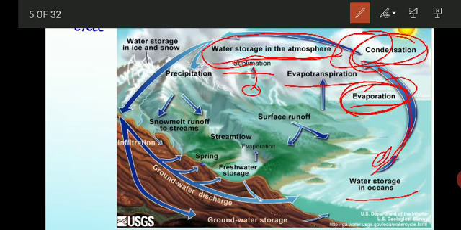And these clouds again come to the earth's surface in the form of precipitation. So what is meant by precipitation? That is rainfall. So the water is released from the clouds in the form of rain, freezing rain, or snow or hail.